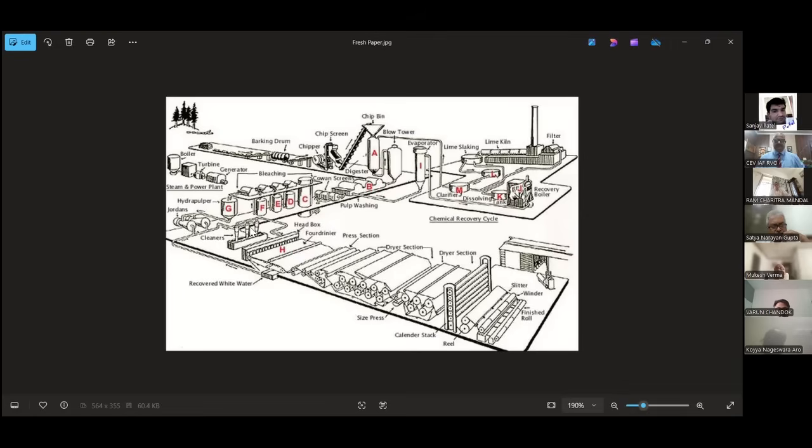So whatever unwanted foreign particles remain, or if knots are generated during bleaching, those knots are removed and the purely white pulp goes through the head box. It is sprayed over the wire part in the form of a sheet. Okay, just like at home we make roti, from the dough we make the raw roti, same here paper pulp is sprayed over the wire, then it goes to the press sections.